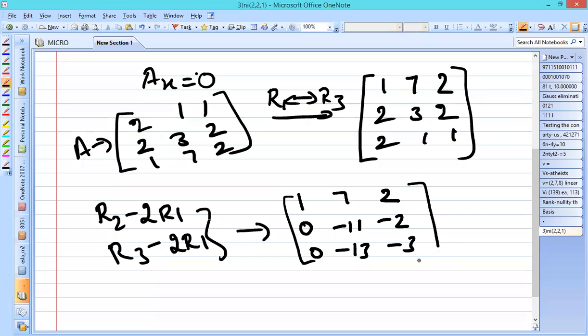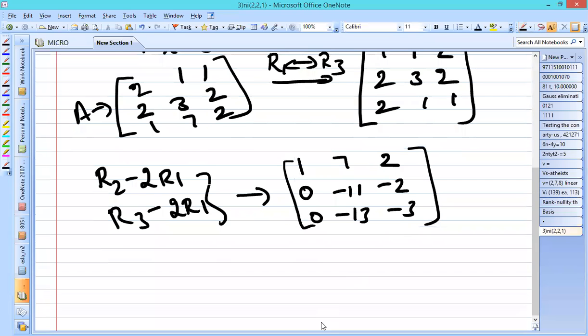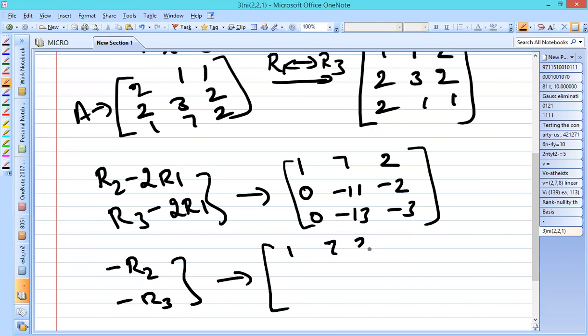Next, multiply the second and third rows by minus 1, writing minus R2 and minus R3 so that we have positive values: 1, 7, 2, 0, 11, 2, 0, 13, 3.